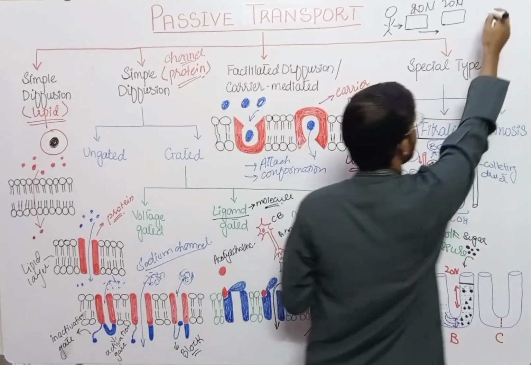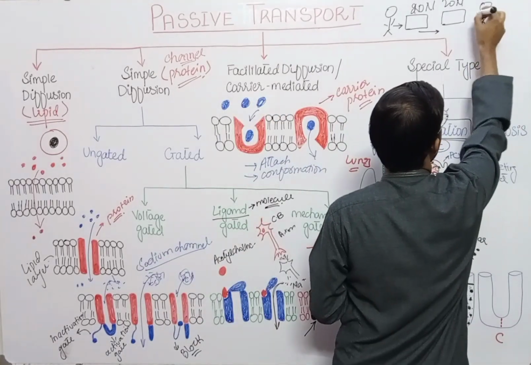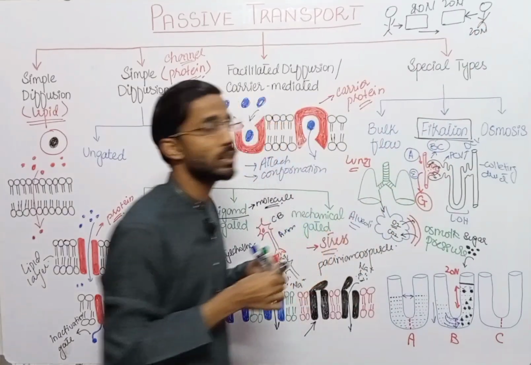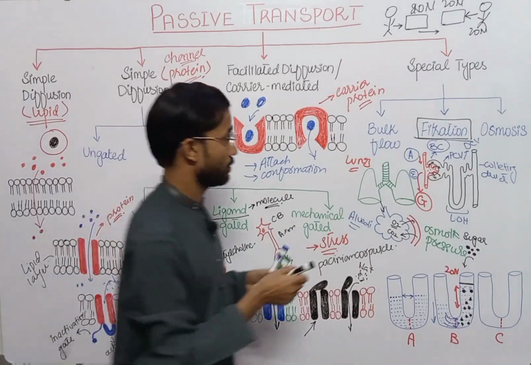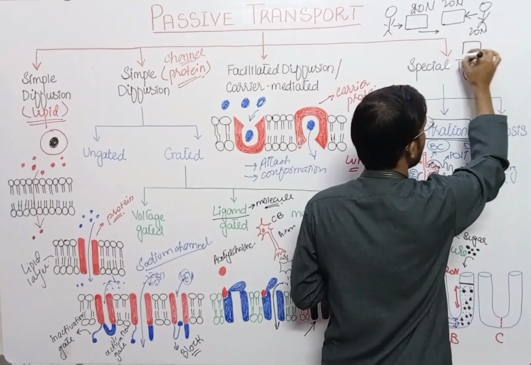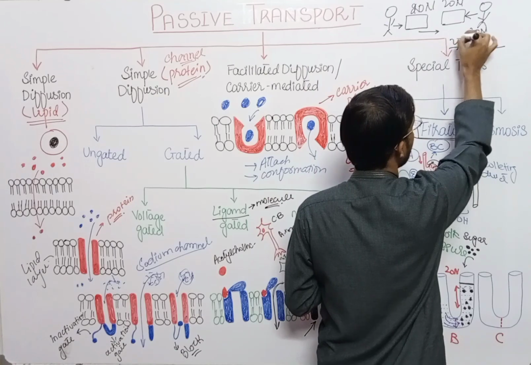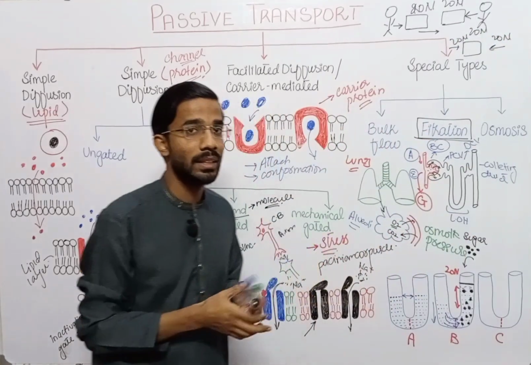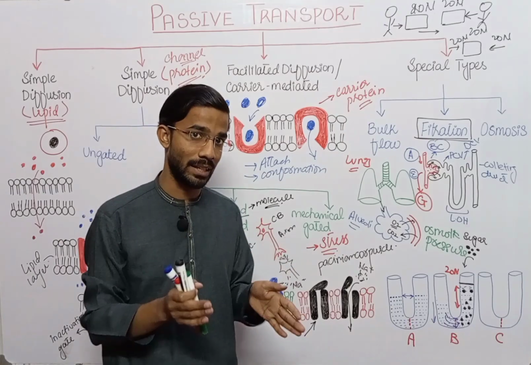But if another person exerts a force of 20 Newton in the opposite direction, then this box will not move. It means if we apply an equal force of 20 Newton on the box, then the box will remain static.